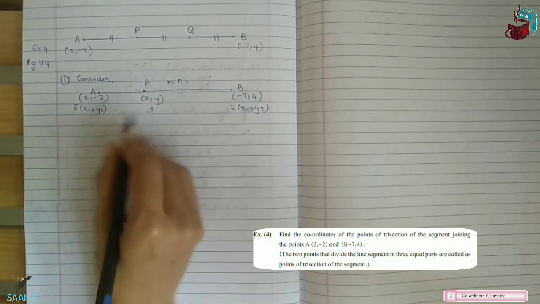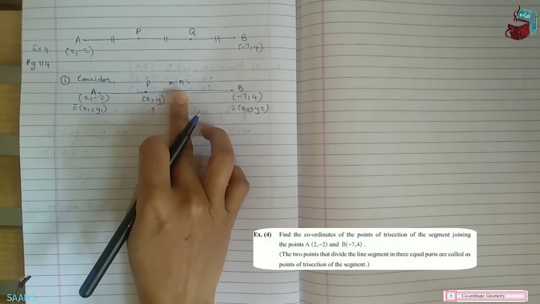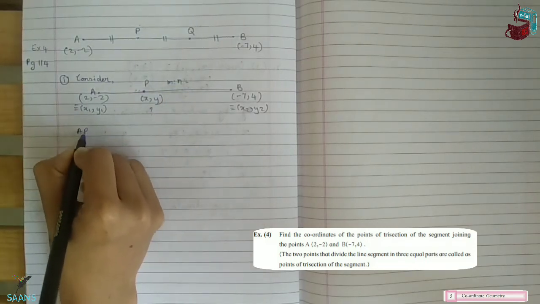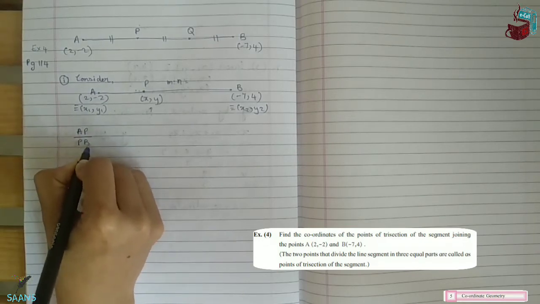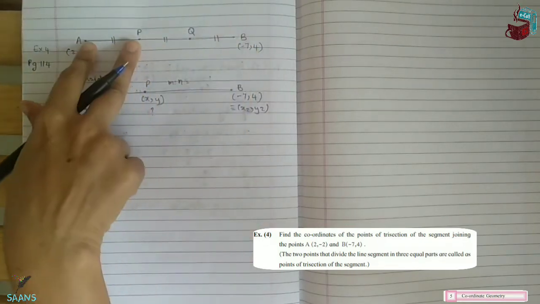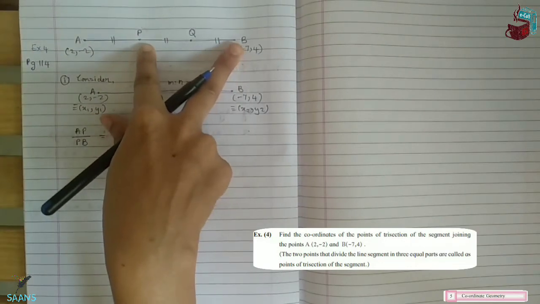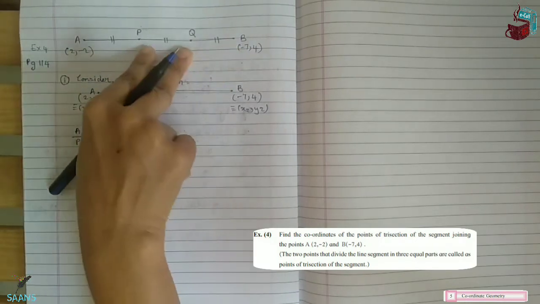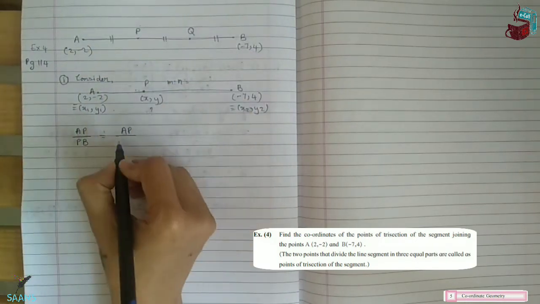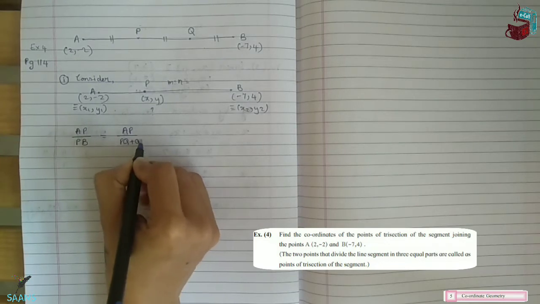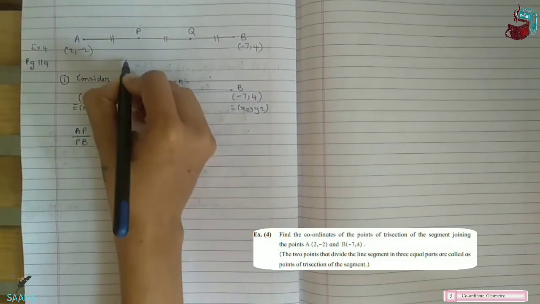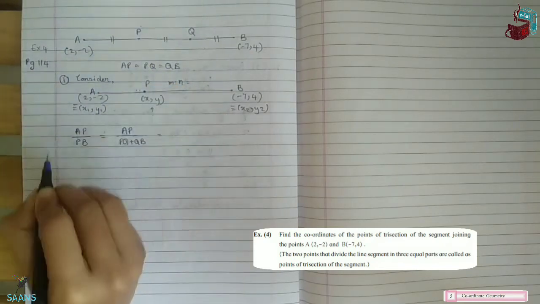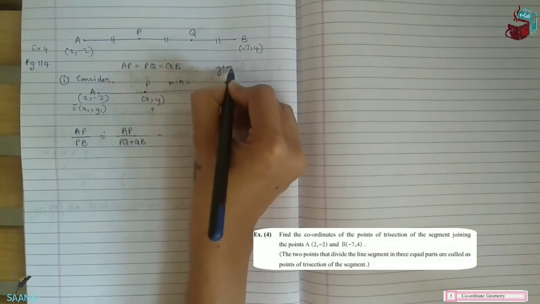So directly, first we have to find m/n. How will we find m/n? As I told you, what do we want? We want the ratio of AP upon PB. Now go to the original figure. AP upon PB is nothing but AP is AP only, but PB is nothing but PQ plus QB. We know that AP equals PQ equals QB, that is given, because they are saying trisection.